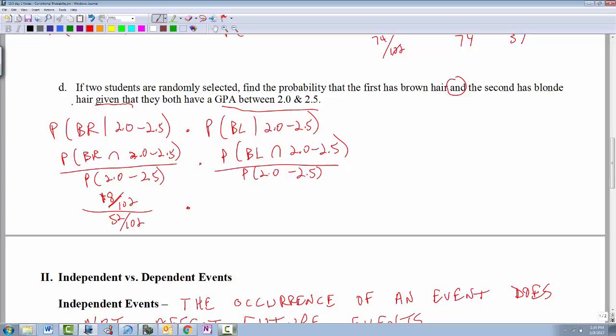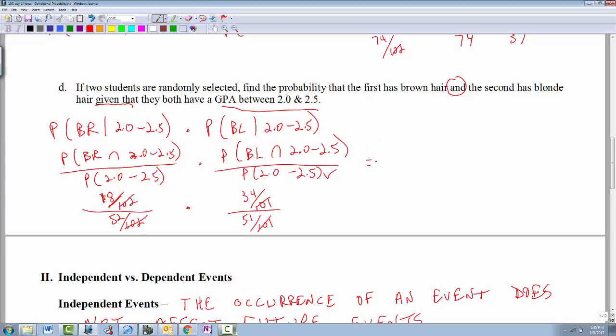All right, now this person is picked, so that's why we have to understand that that person's picked. How many people are in the blonde and 2.0 to 2.5 list? 34. That stays, because that person has been picked, but what changes? 101. And then something changes down here. How many total people are in the 2.0 to 2.5 list? 51 out of 101. And then we could understand that this is always going to happen.